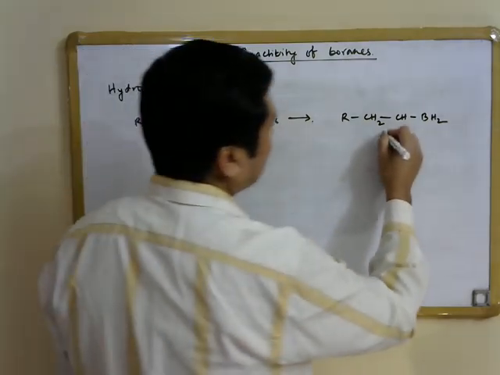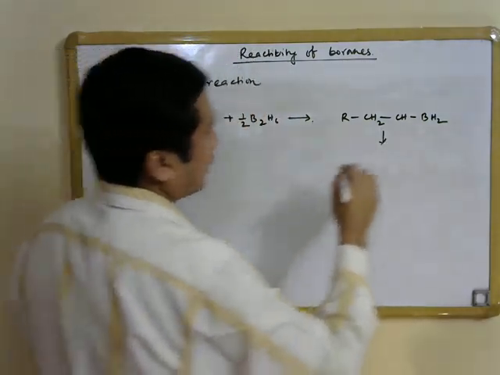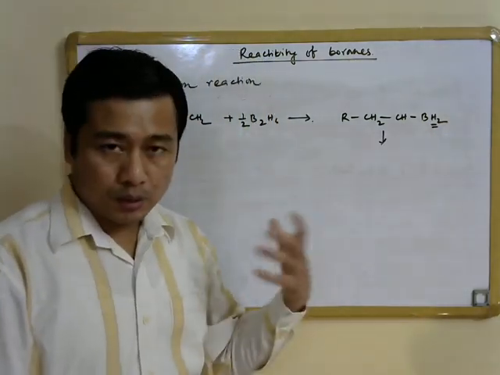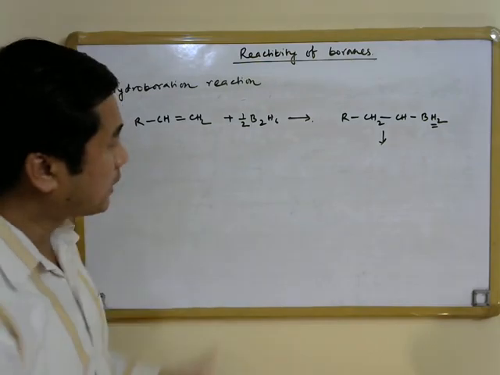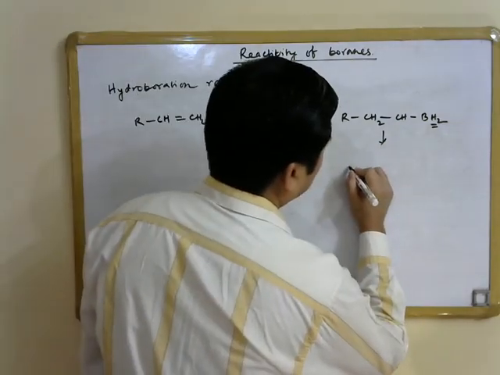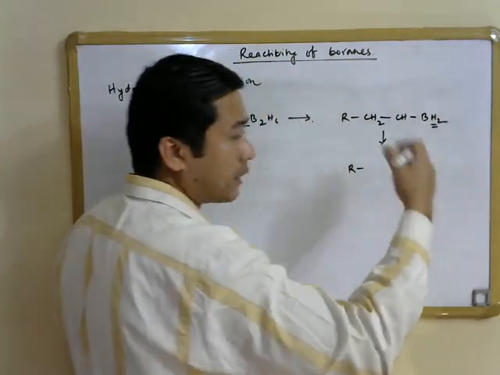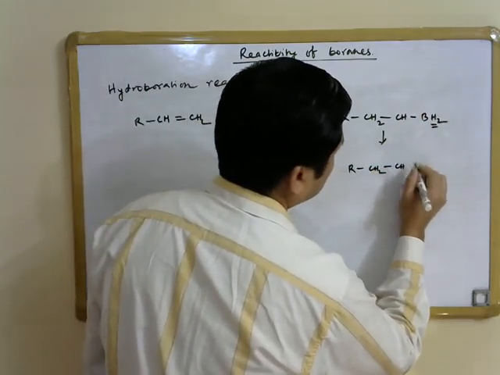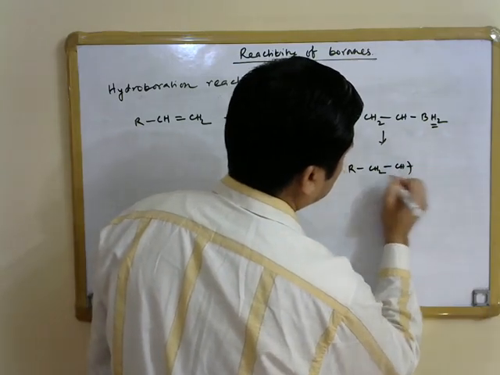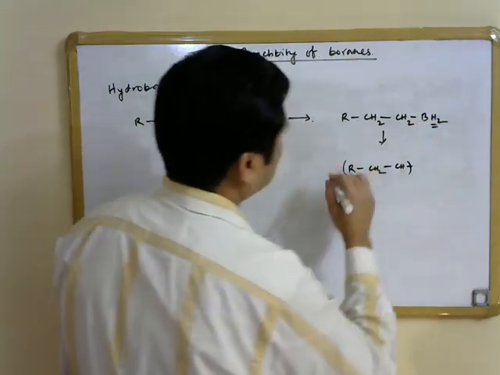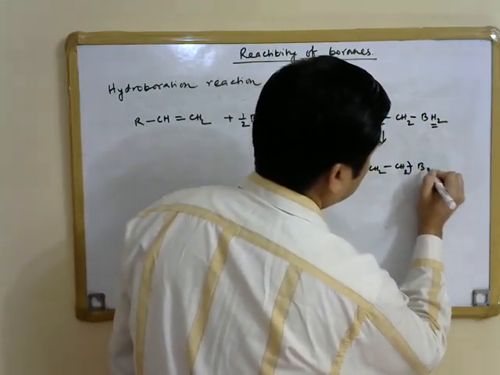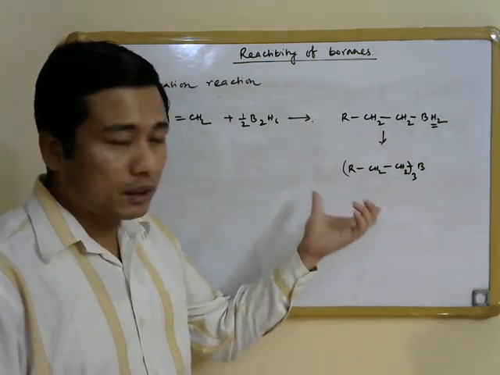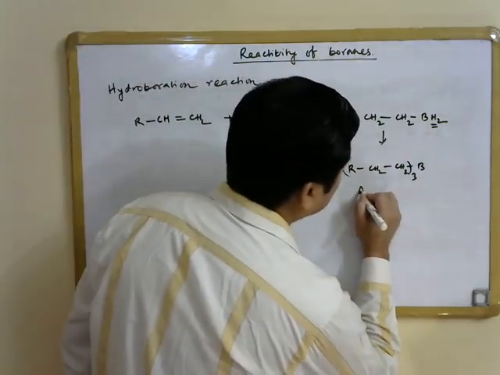But once we add another 2 moles of the olefin, these 2 hydrogen atoms of this borane will essentially be replaced by the olefin. This will undergo again 1,2 addition reaction with the olefin here to give us this, (CH2 CH2 R)3 B, that is, B(CH2R)3.